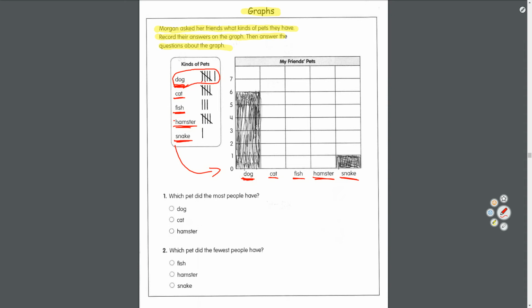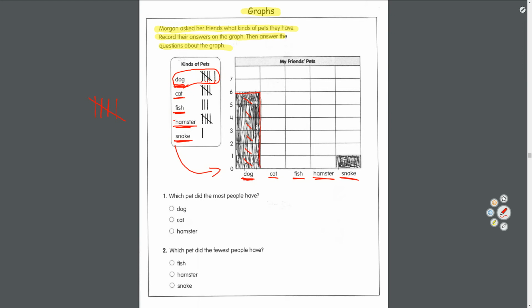Whenever you see 1, 2, 3, 4, and a cross, you know it's 5 right away. You don't have to count it. So we had 5, 6. 6 for dogs, and that means in our graph we have to shade in 6 boxes, because 6 people said dogs.